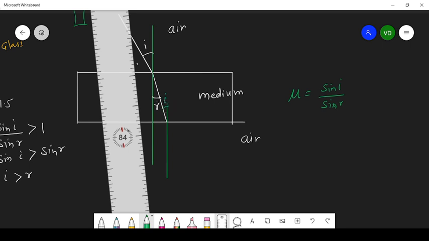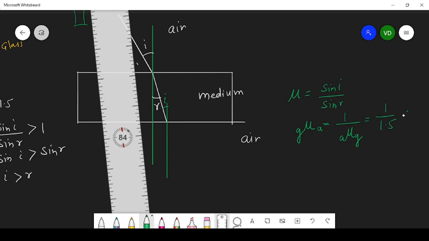Say I am showing with green color. Okay, and now the mu is the refractive index of air with respect to glass. And we know from previous classes that this is exactly the inverse of the refractive index of glass with respect to air, and therefore this will be 1 divided by 1.5, right?